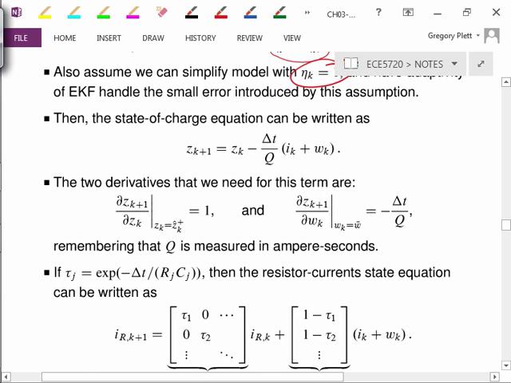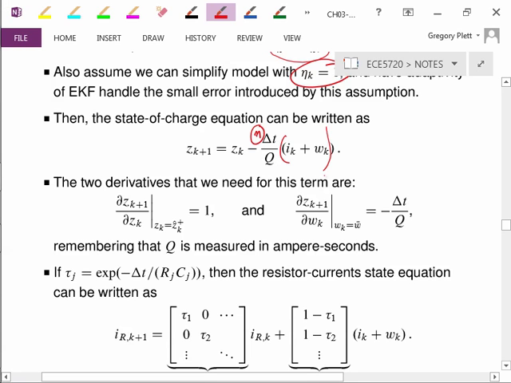We are then going to write the state of charge equation of the model as zk plus 1 equals zk minus delta t over Q times (I plus wk). And what you see there is that the eta, which was there, is 1, so that is no longer visible, and we are parenthesizing current plus w in this integral of coulombs being counted.